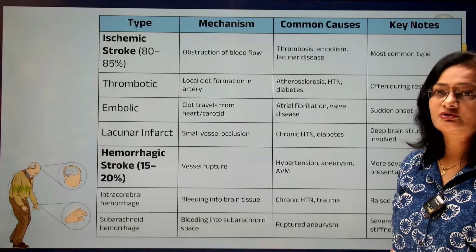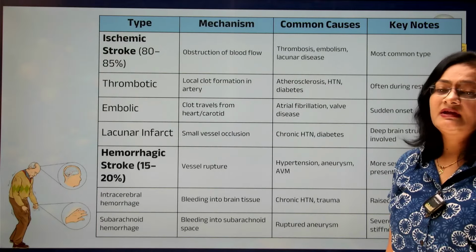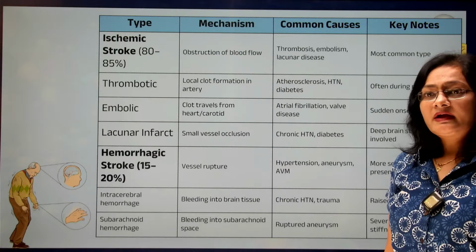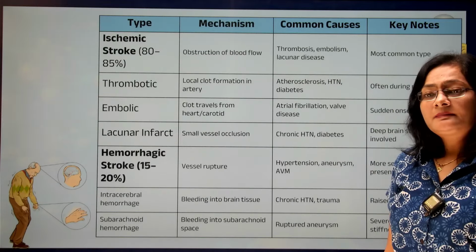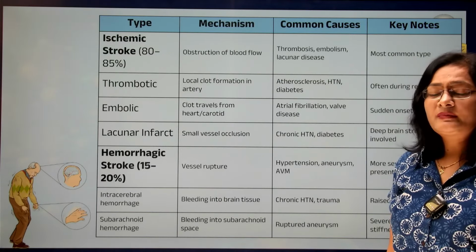So, when it may be asked in MCQ that what will result in thrombotic type of the stroke, then you have to write it is clot formation in the artery, or else thrombotic type is coming under, then you may have ischemic, hemorrhagic, lacunar, then you have to select the option ischemic stroke. So it will be clot formation in the artery.